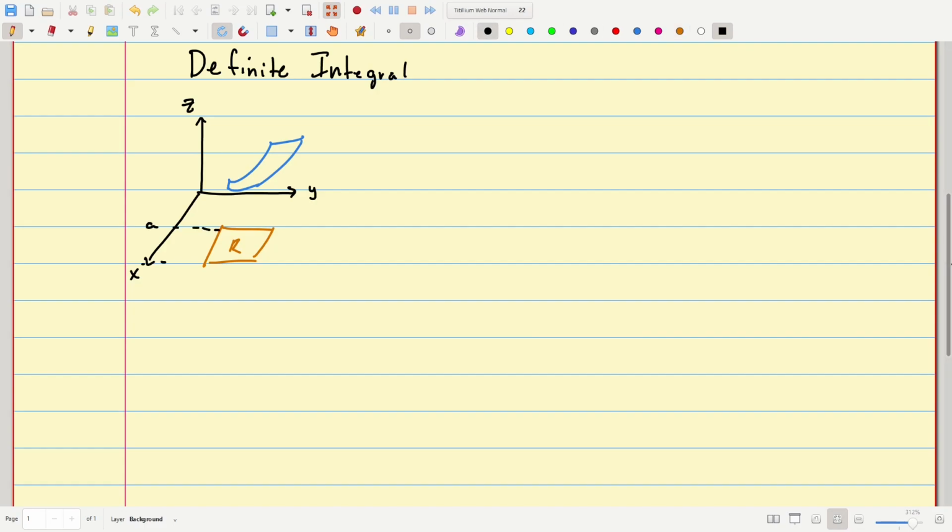Here we have a point A, here we have a point B, here we have a point C, and here we have a point D. And what's going to happen is that when I compute the value of the integral, I'm going to get that volume.